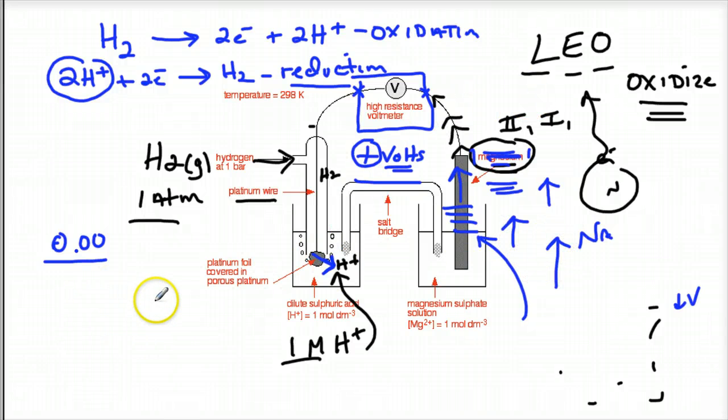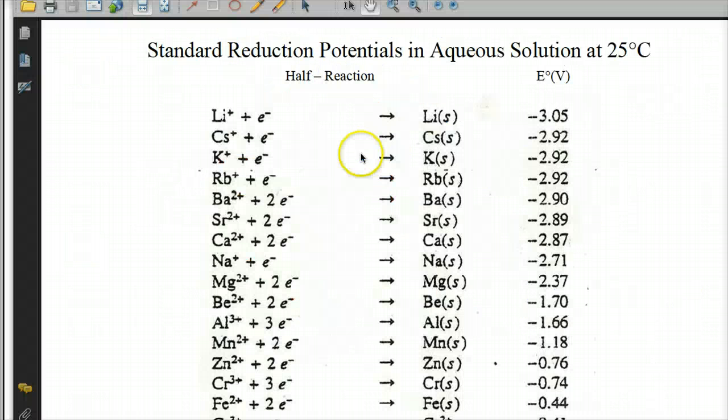Okay, so I'm going to pause and I'm going to show you these on something called a net potential table. Hold on. And here is something called a standard reduction potential chart. And maybe a little different from what you see if you're not in my class. I'm using the one that's showing negative voltage for the reduction here.